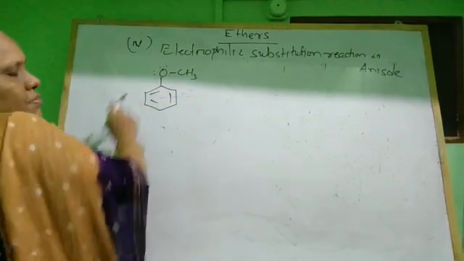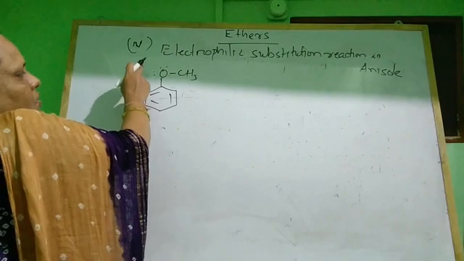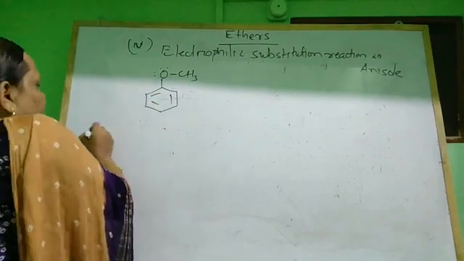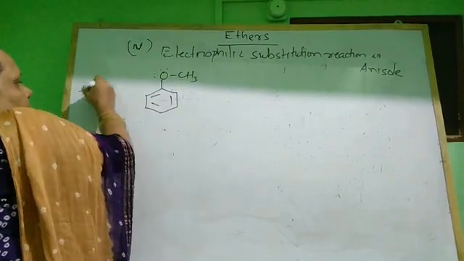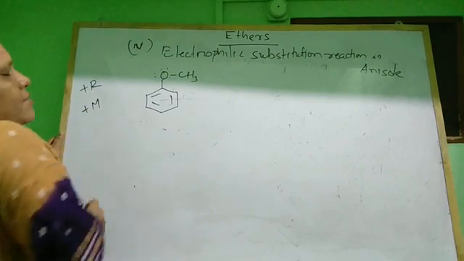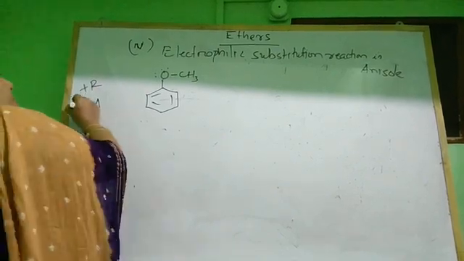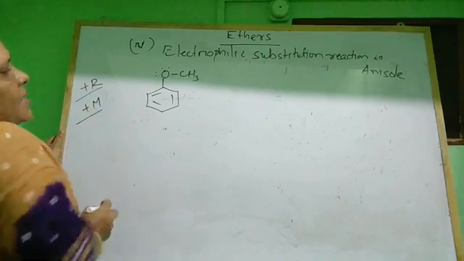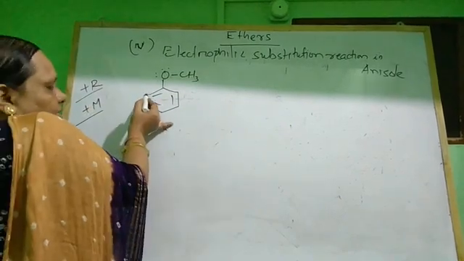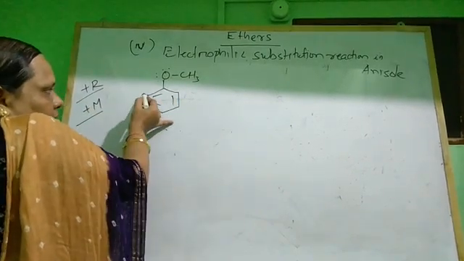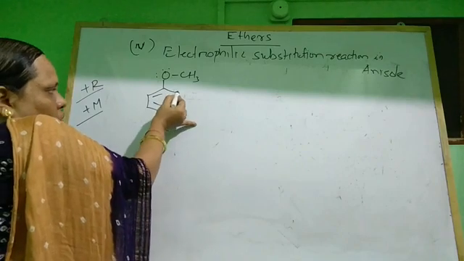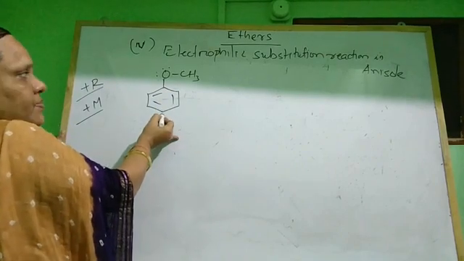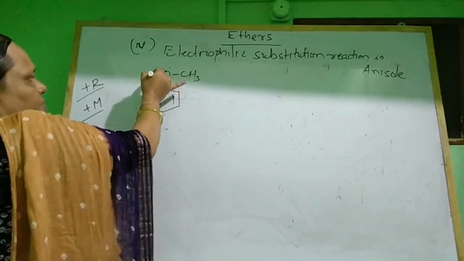It has 2 lone pair of electrons. As it has a lone pair of electrons, due to plus R effect, resonance effect, or we can say mesomeric effect, due to resonance, plus R effect and plus M effect, there is electron density. That electron density increases at ortho and para position. You know the resonance structure.